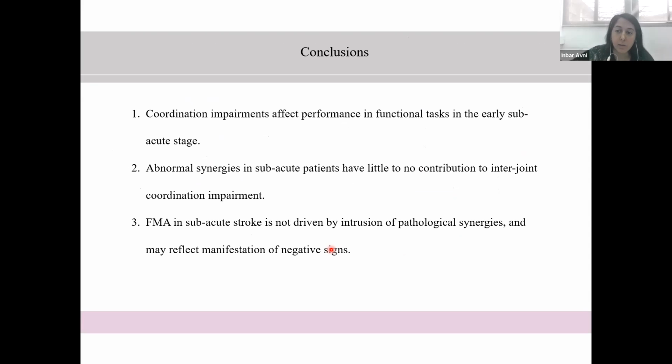However, when we look at abnormal synergies, they have little to no effect on these interjoint coordination deficits. And this perhaps may be indicating that the Fugl-Meyer is not driven by the intrusion of pathological synergies and may instead reflect manifestation of negative signs like weakness or the loss of movement control.